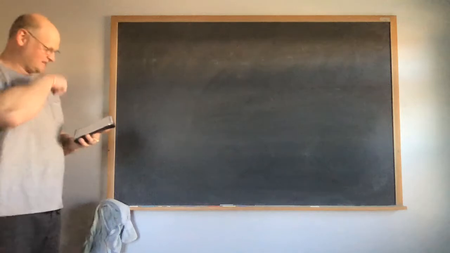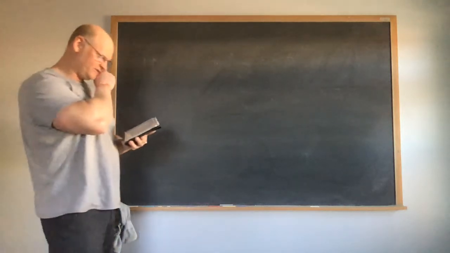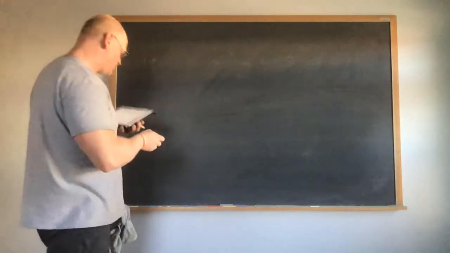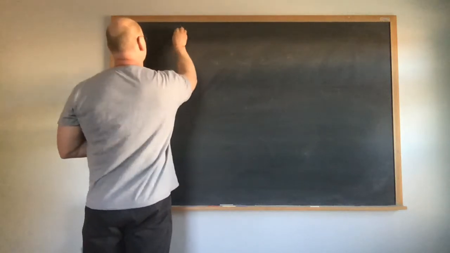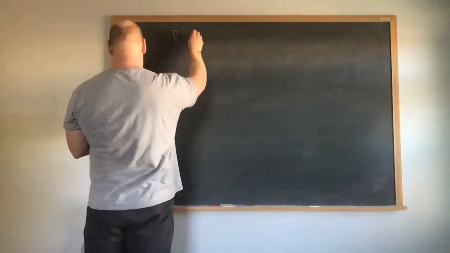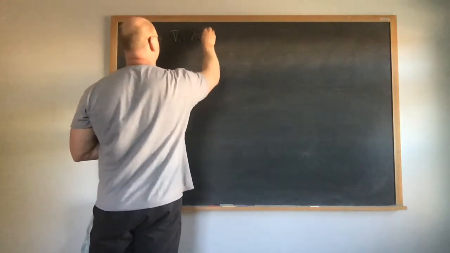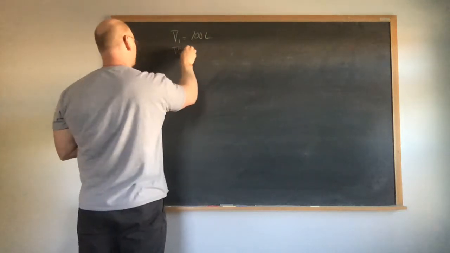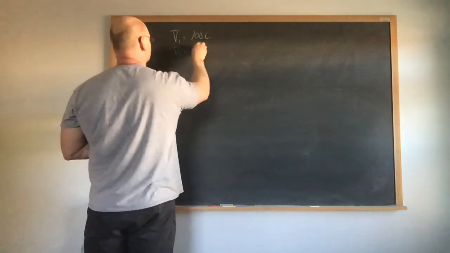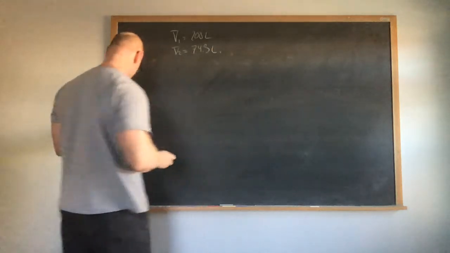This says that a volume of an ideal gas is adiabatically reduced from the initial volume, V1, equal to 200 liters, to the final volume, V2, equal to 74.3 liters.